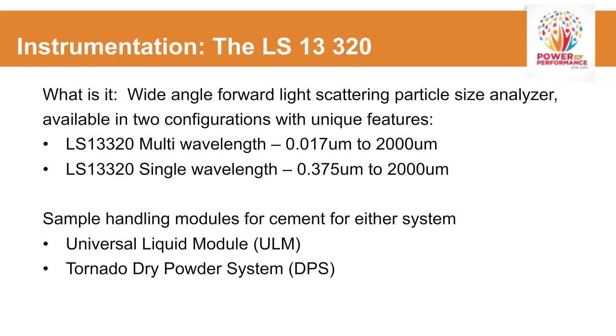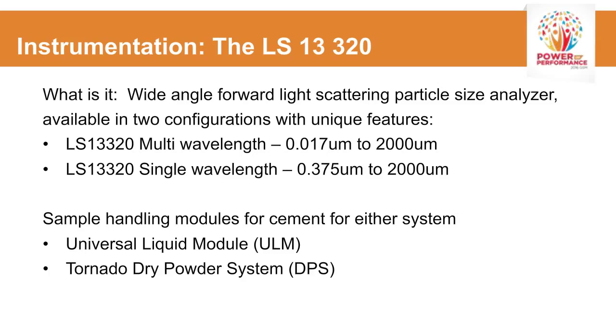The LS 13 320 gets its name from the chapter number of the ISO standard, mainly because this was the first instrument to truly follow the full ISO standard. LS stands for light scatter. There are two types of models in the optical bench, which we'll get into in detail in a moment.